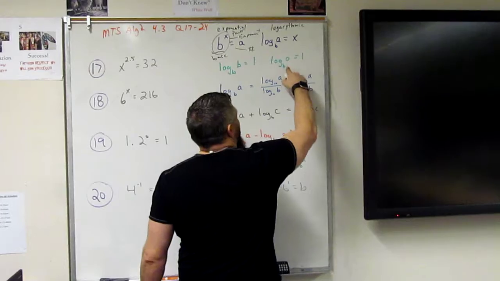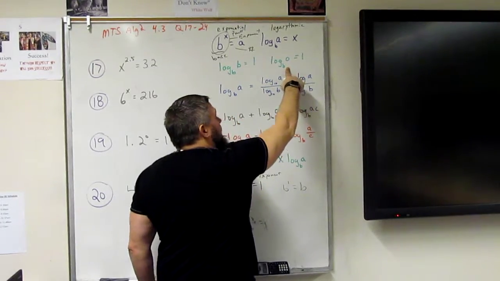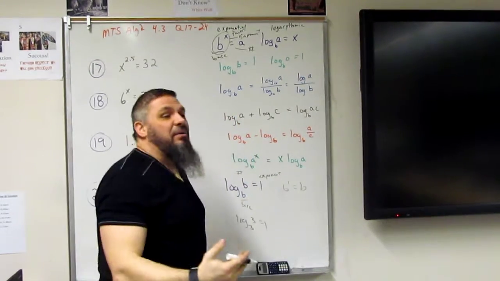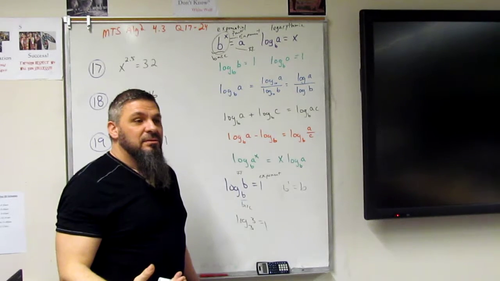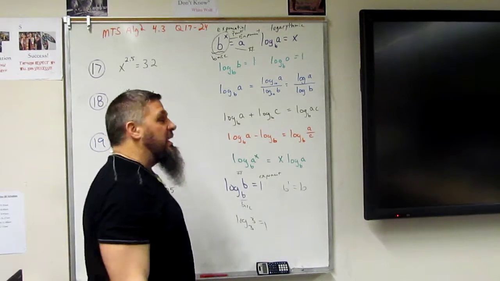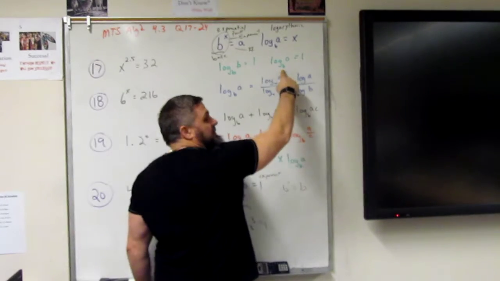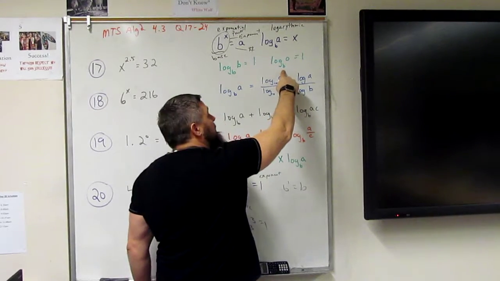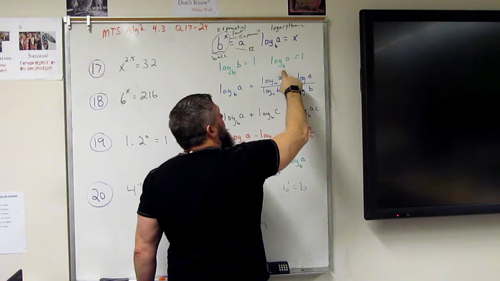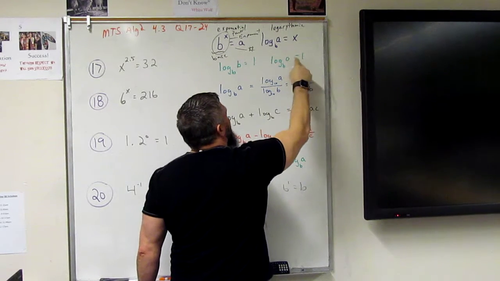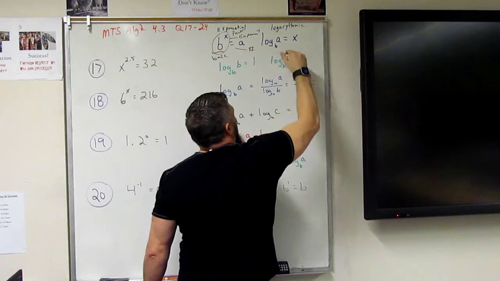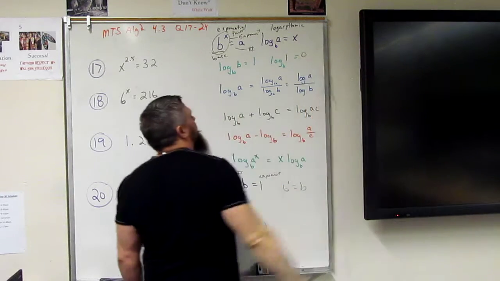Same aspect with this one. Okay? Anything raised to the 0 power is what? 1. Okay? So in essence, you're looking at your base, right? Wait a second, this is backwards. This should be 1 and 0.